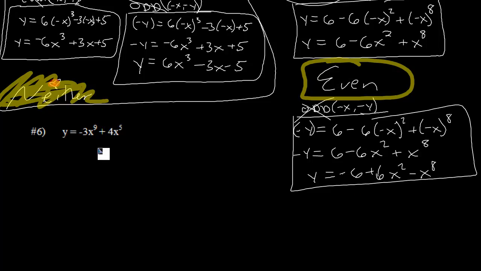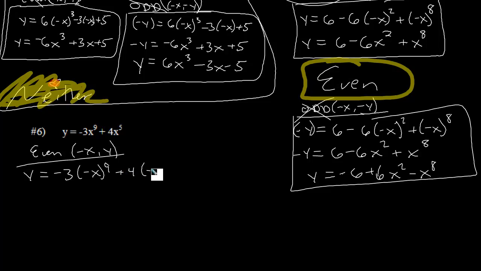Number 6. Even, symmetric with the y-axis. So replace our x's with negative x, and we simplify it. Negative x to the 9th would be an x to the 9th negative.